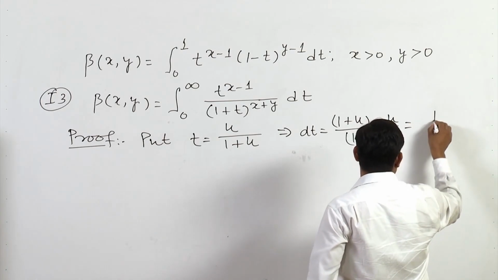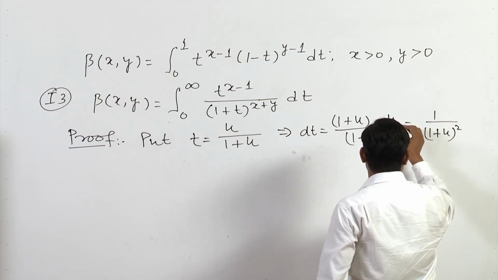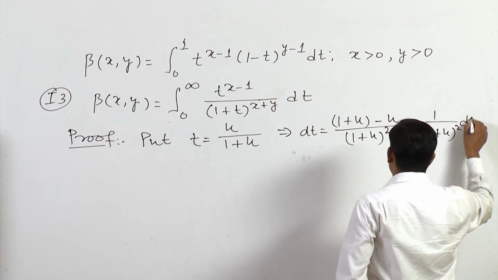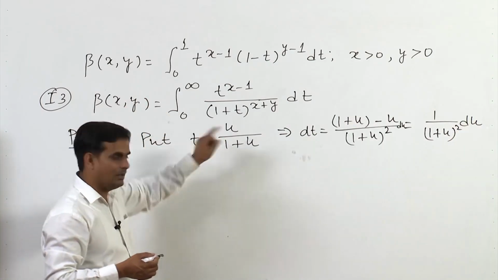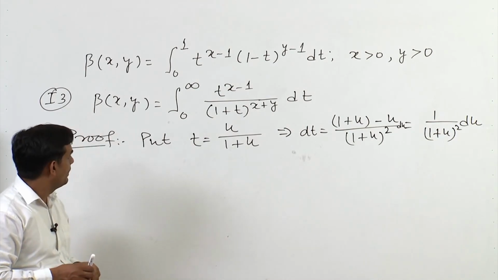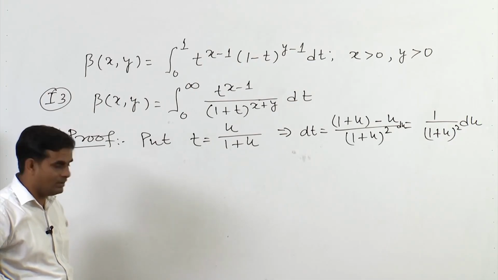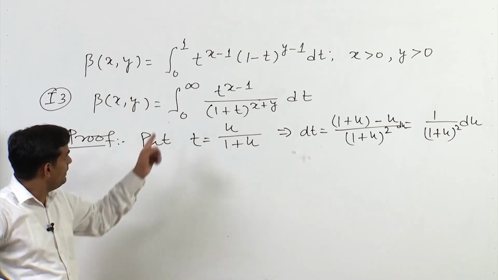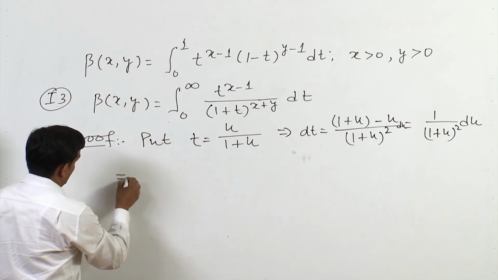So, this will be 1 upon 1 plus u whole square into du. When t is 0, u will be 0. When t is 1, what should u be? u should be infinity.